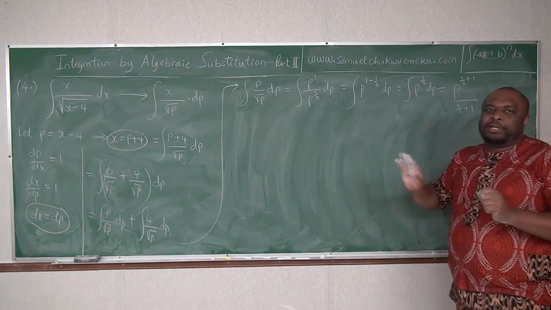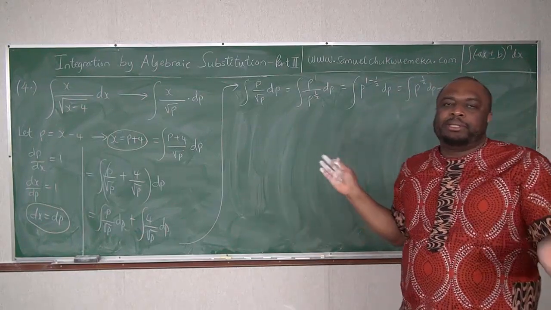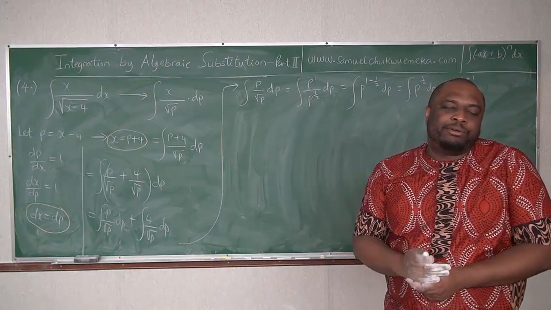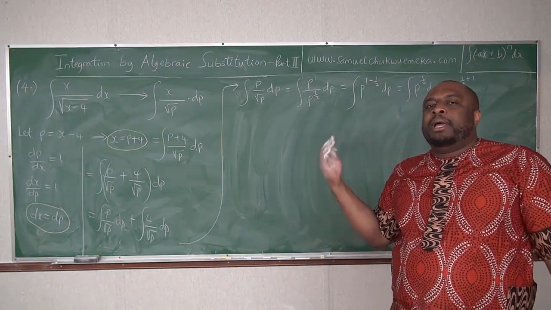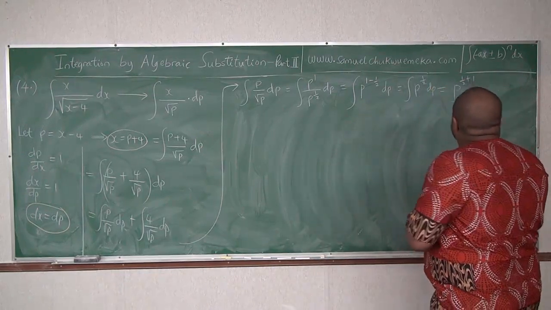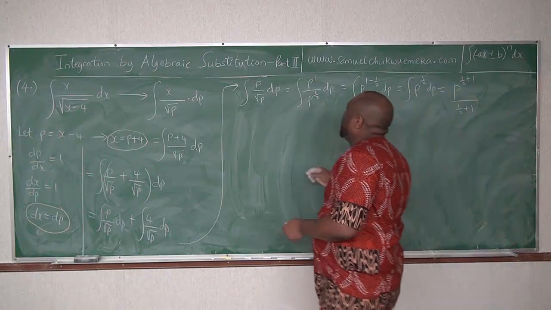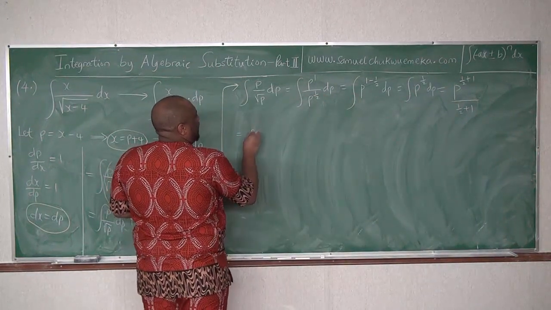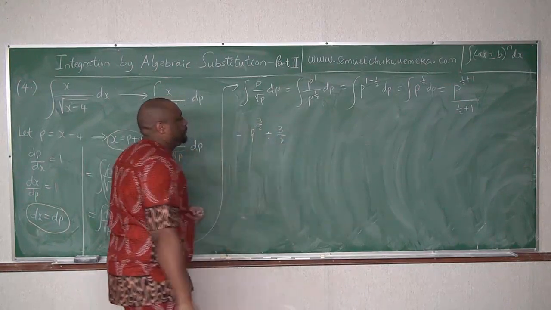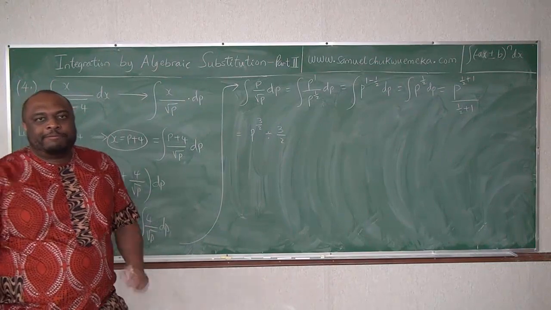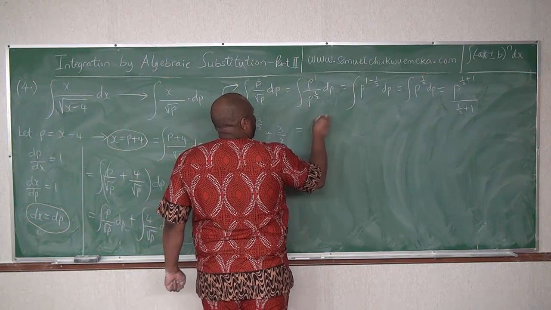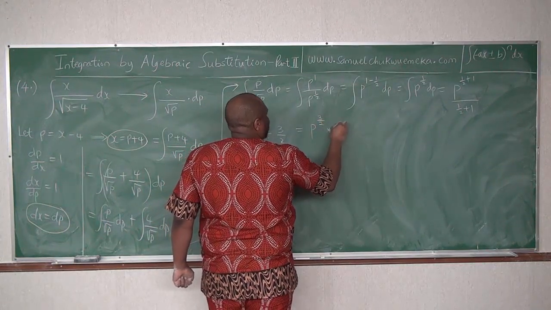I will not put plus c right now because the arbitrary constant comes at the end. Since I have two integrals, let me do them, and in the final answer I put the arbitrary constant. So this gives us p exponent 3 over 2 divided by 3 over 2, because 1/2 plus 1 is 3 over 2. So this means p exponent 3 over 2 times 2 over 3.